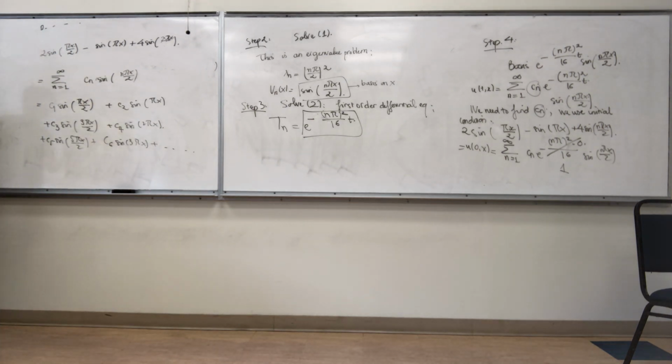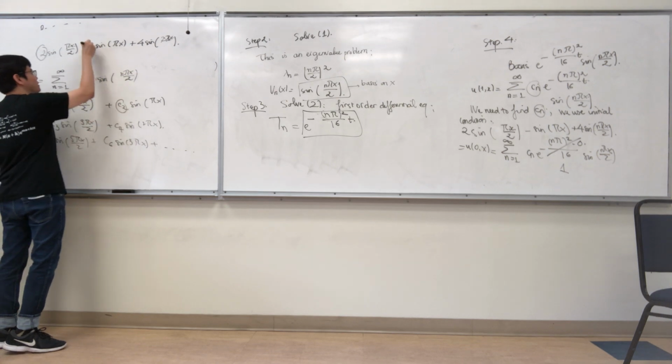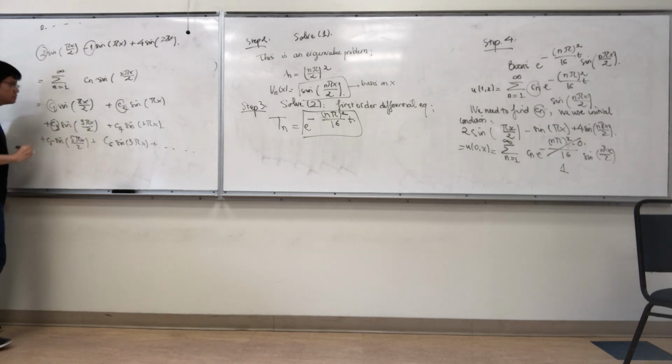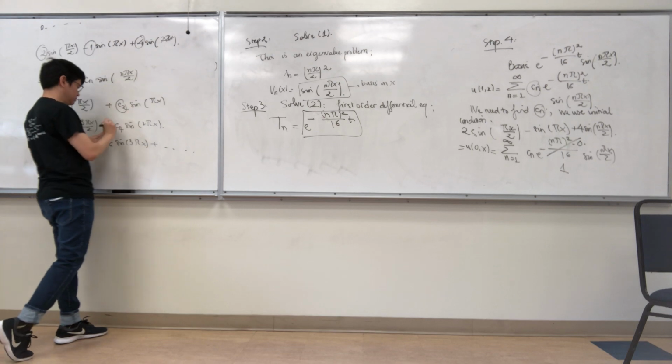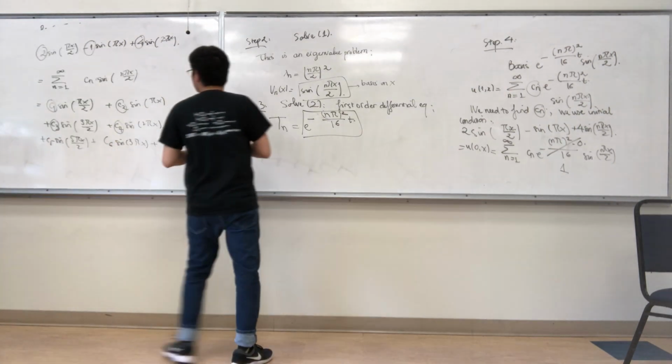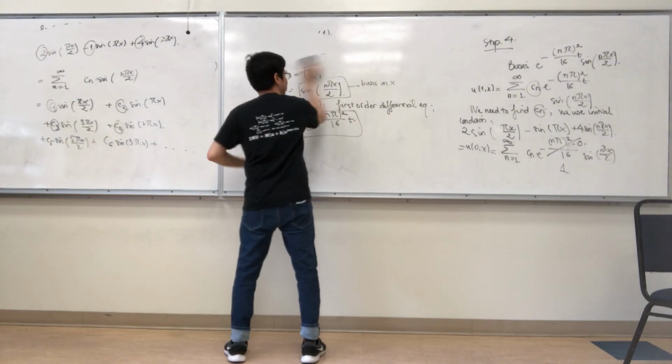So what do you see? You see that C1 is 2, right? C2 is minus 1, right? C3 is 0 because there you don't see C3. This is 0. C4 is 4, and the leftovers, they don't exist, right? So from this expansion, is it Taylor series?